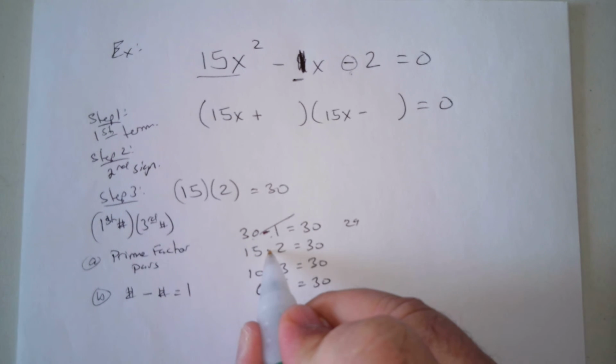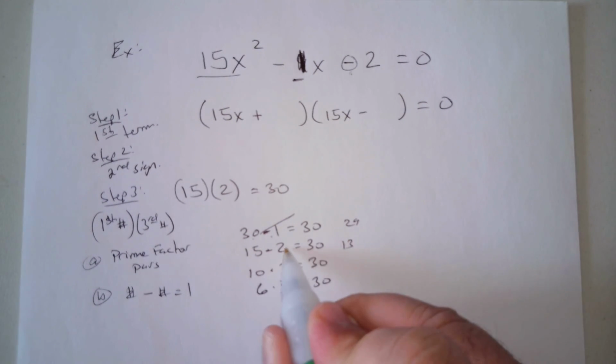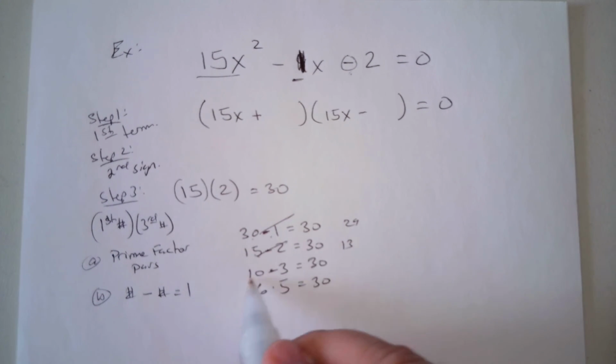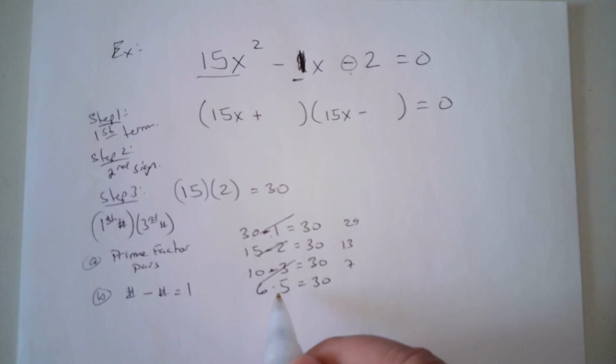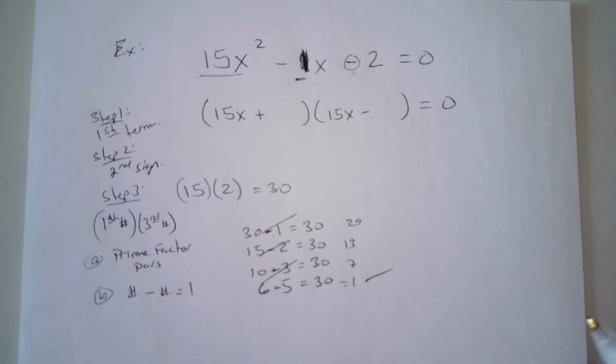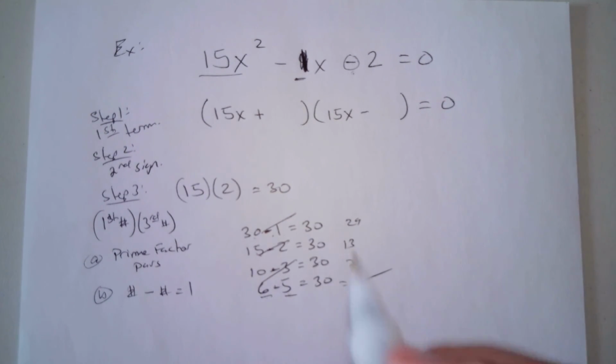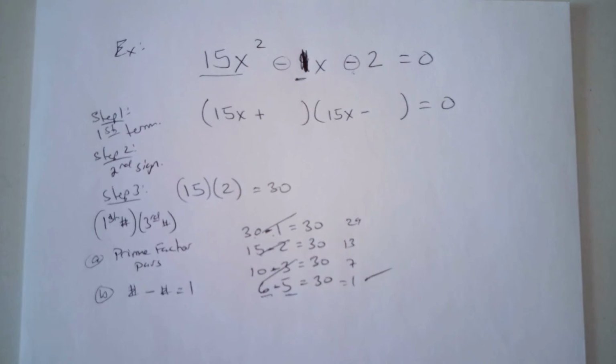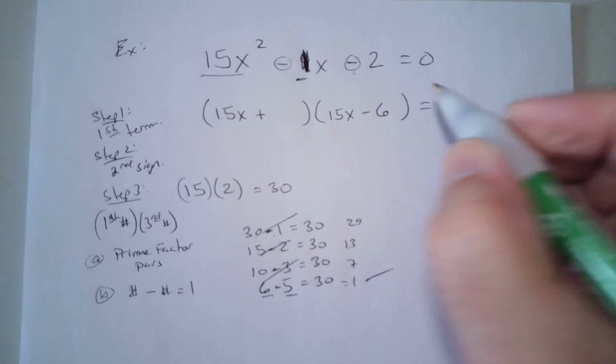Not going to work. 15 minus 2 is 13. Not going to work. 10 minus 3 is 7. Not going to work. 6 minus 5 is 1. That works. But out of these two numbers, 6 and 5, since the first sign is a minus, the bigger number gets the second sign.